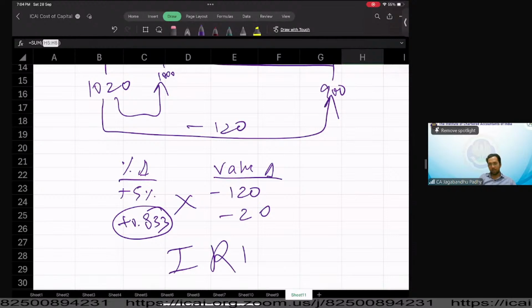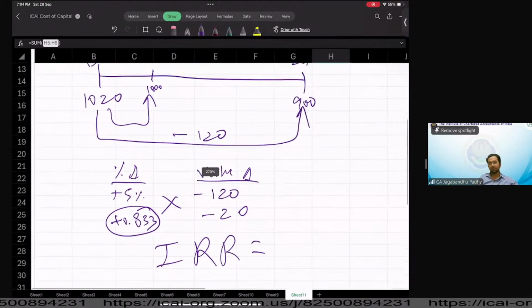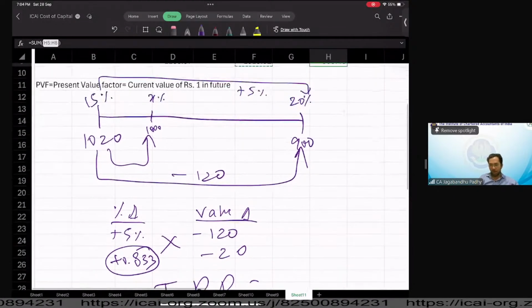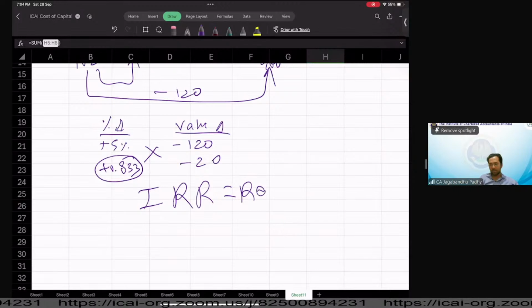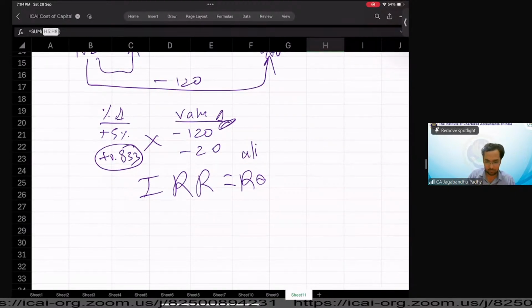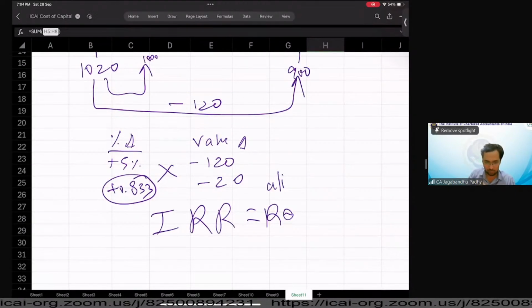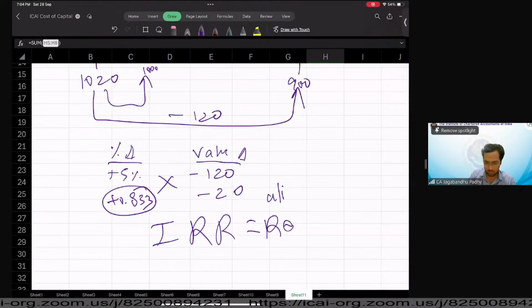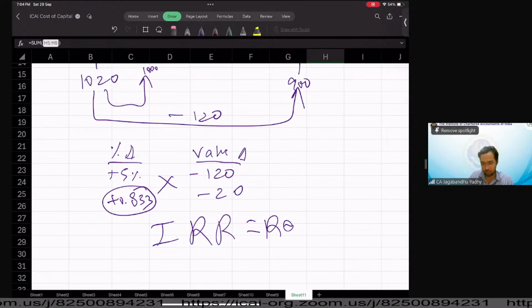Can you tell me what will be the IRR, guys? What will be the IRR or the realized yield?